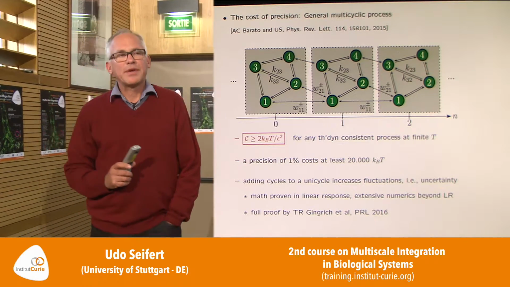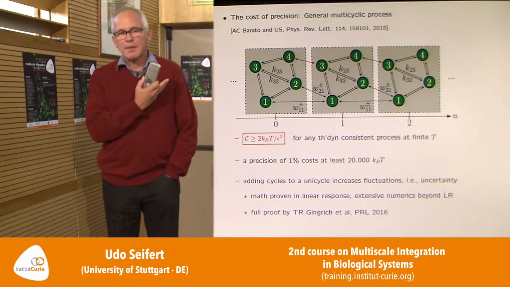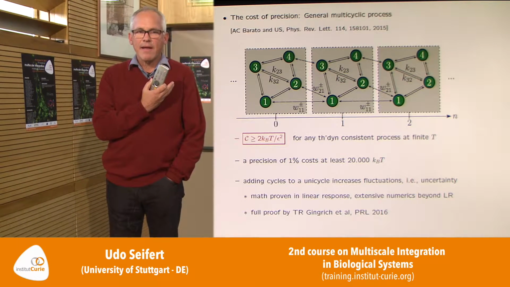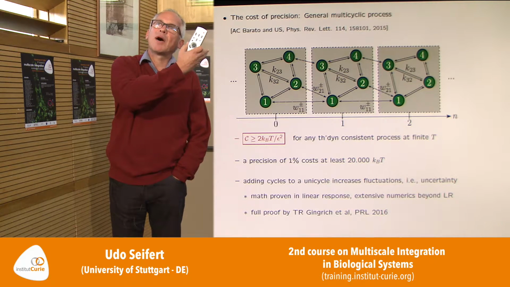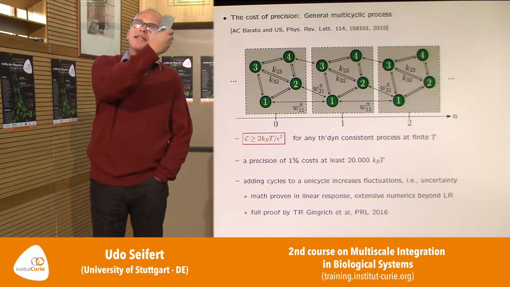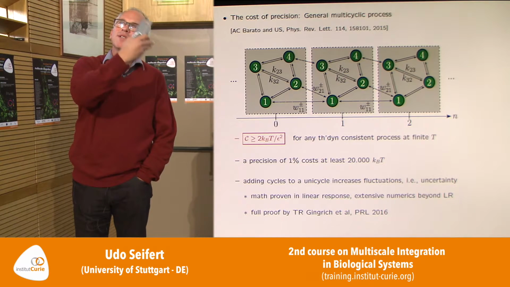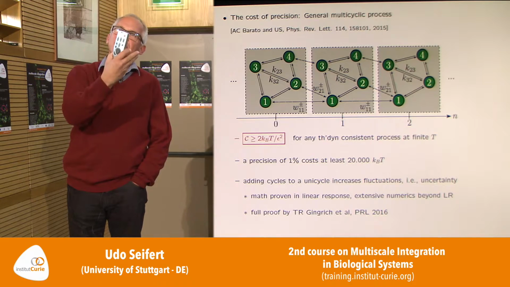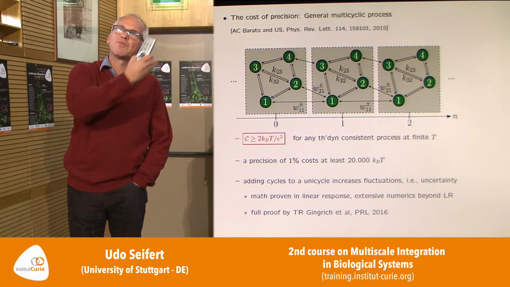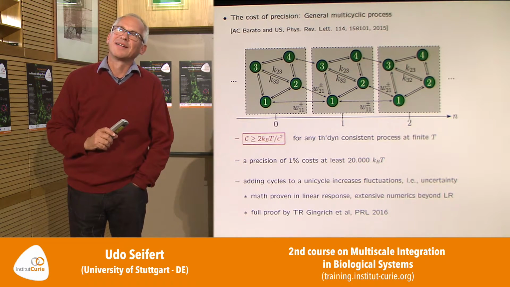What about kinetic proofreading? I'm talking about precision here in the sense of an outcome as I had defined it. I'm not talking about building in the correct molecules versus the wrong ones. That's a kind of binary decision, which is a different setup from what I'm talking about here.